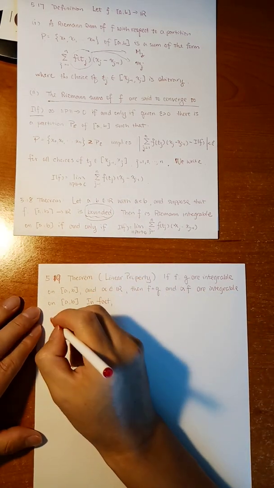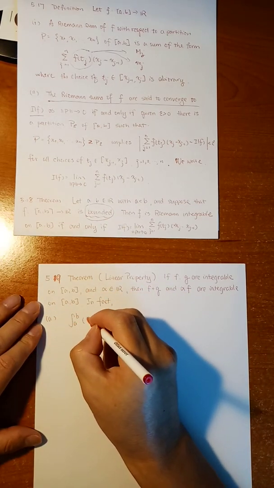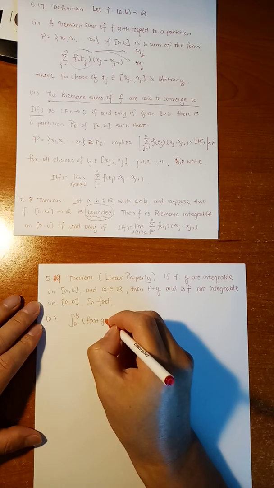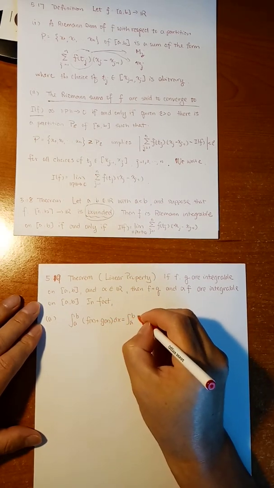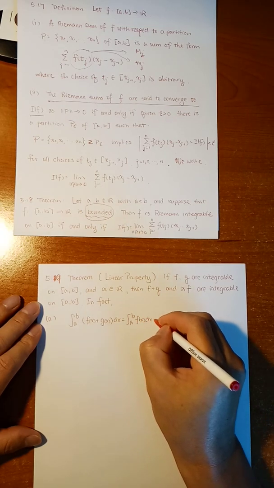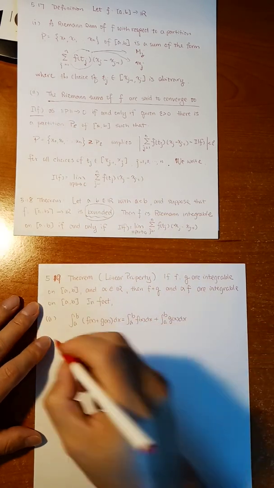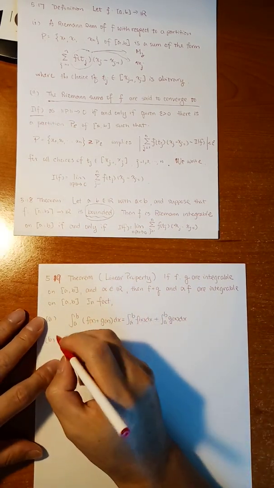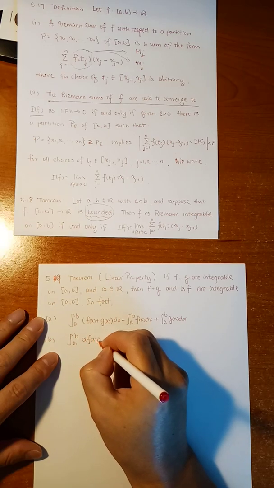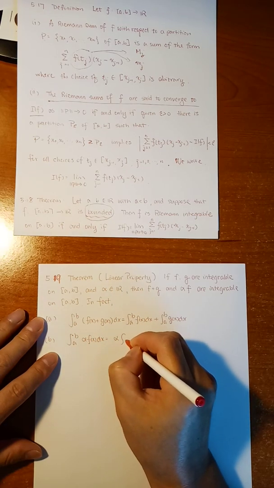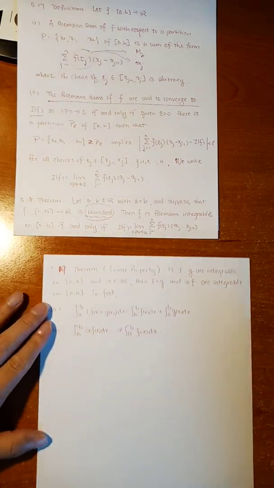In fact, we have the linear property. The integral of the sum is equal to the sum of the integrals. And the integral of a multiple of a function is the multiple of the integral of the function, a scalar multiple.